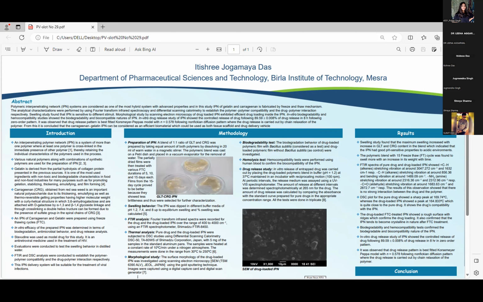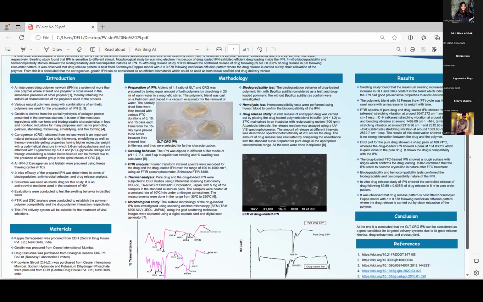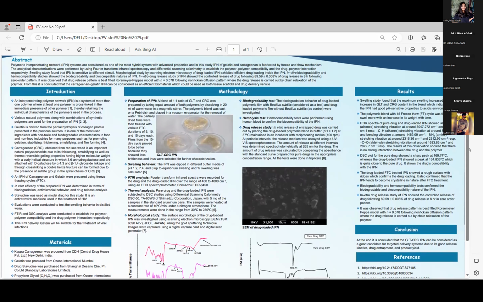According to my characterization tests, I went for the swelling test at different pH, since I found that my prepared IPN is sensitive to stimuli like pH. I have chosen three pH values: 1.2, 7.4, and 8.0.